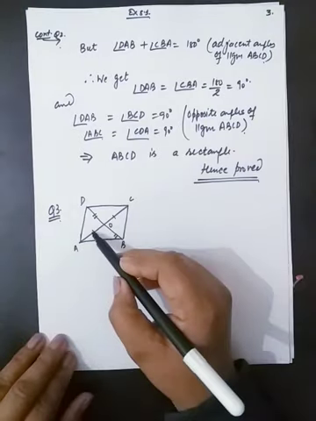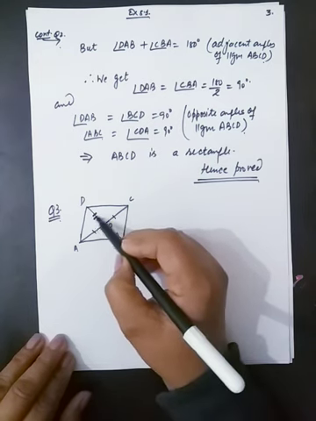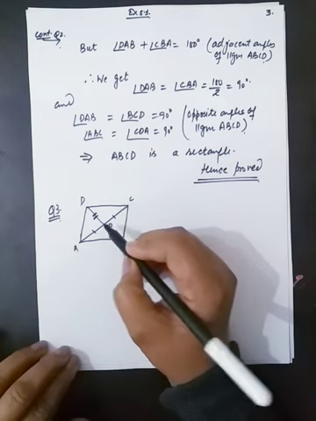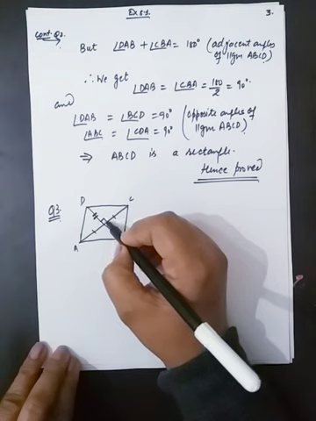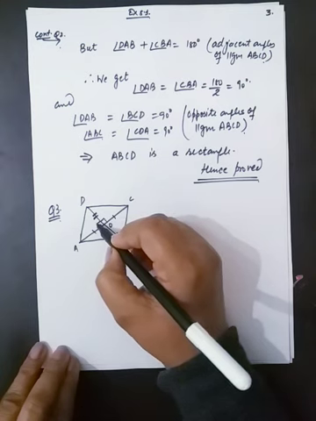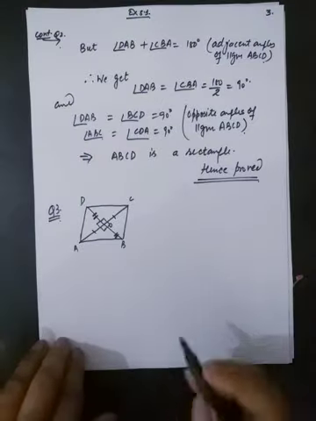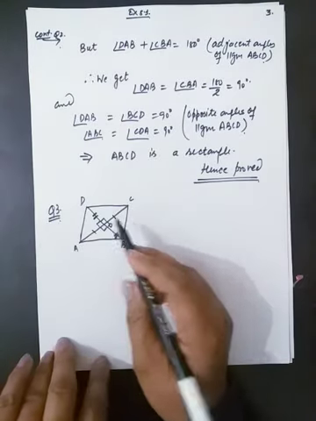Bisect means OA is equal to OC and OB is equal to OD. At right angle means the angle at the point of intersection of both of the diagonals is of 90 degree. You can say that the angle at O is of 90 degree. And on the basis of this, we have to prove that this figure is a rhombus.